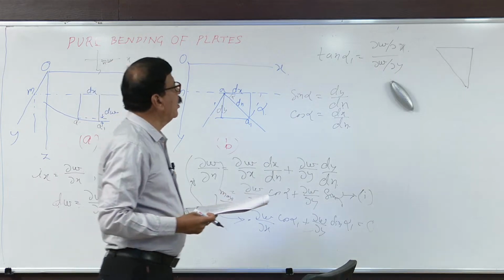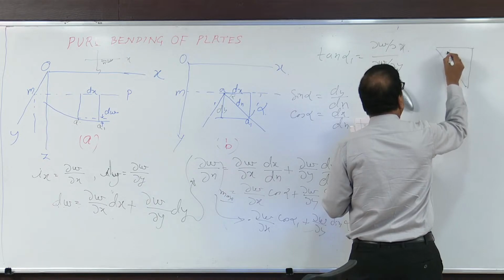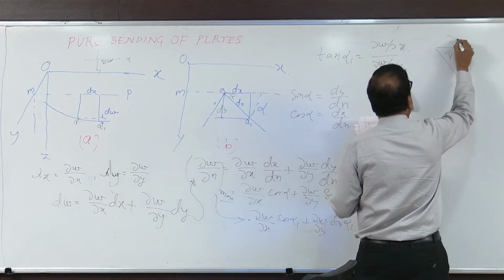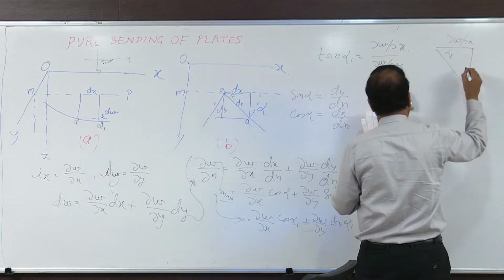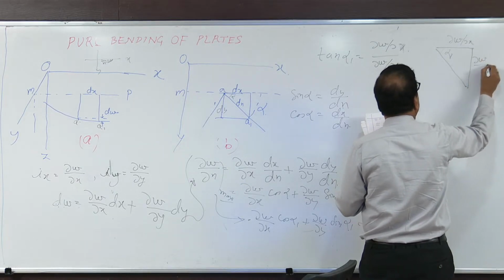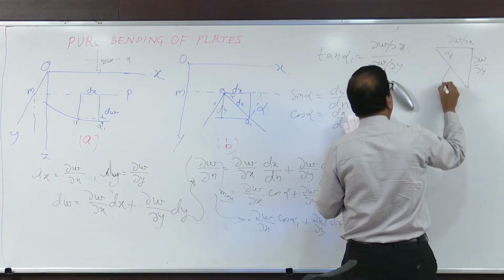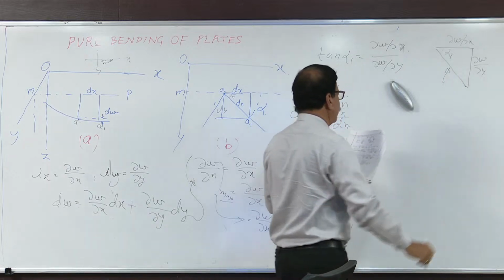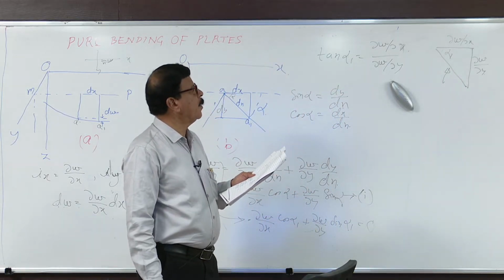Now, if we make a triangle alpha 1, del w upon del x and del w upon del y, what is the value of this hypotenuse in a perpendicular triangle?